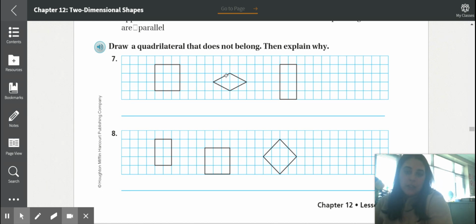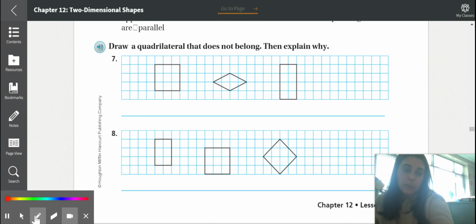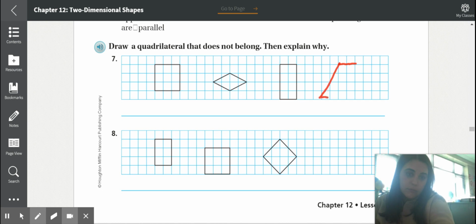All 4 sides are the same length. And a rectangle. All 4 sides are not the same length. But what they have in common is they have opposite sides that are parallel. So we need to draw a shape that has opposite sides that are not parallel. Here's an example.